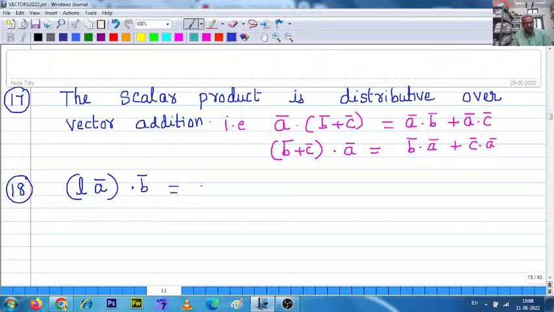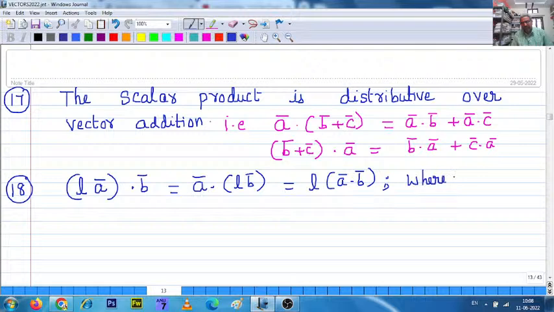You can write A bar common, A bar dot L B bar, or L common out, we can write A dot B. Clear? Here we need to specify that L is a number, any real number. Any real number is always a scalar.